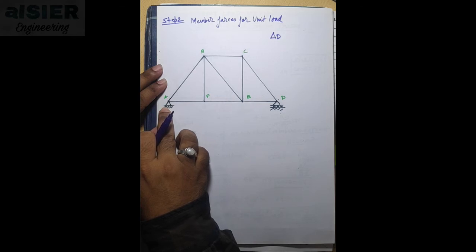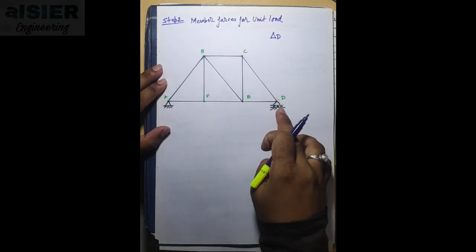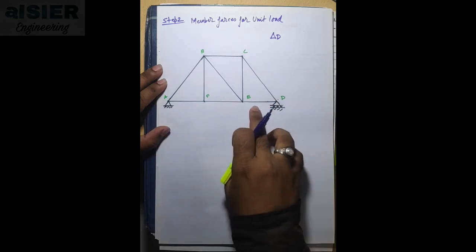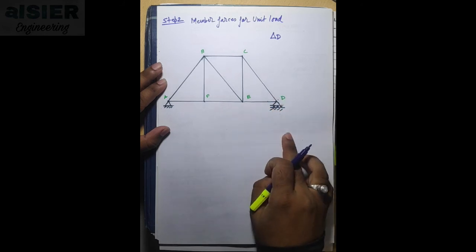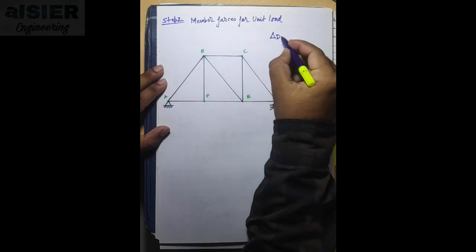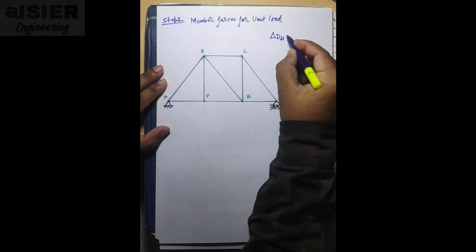A hinge joint will not move vertically or horizontally, whereas a roller joint will move horizontally, but it cannot move vertically. So it is asked to calculate horizontal deflection at point D. Okay, so this is the question.